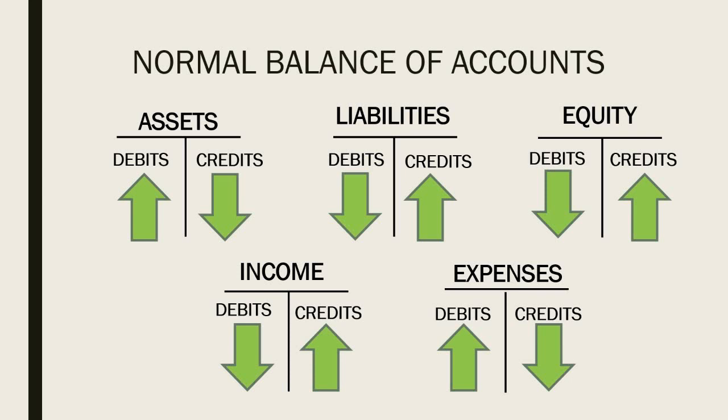But because I have to use the rules of my total debits equaling my total credits, how did I pay for that rent? I paid by using my checking account, right? My checking account is something I own, which is going to be an asset. Now, did I increase my money or did I decrease my money? In this case, I decreased my money.